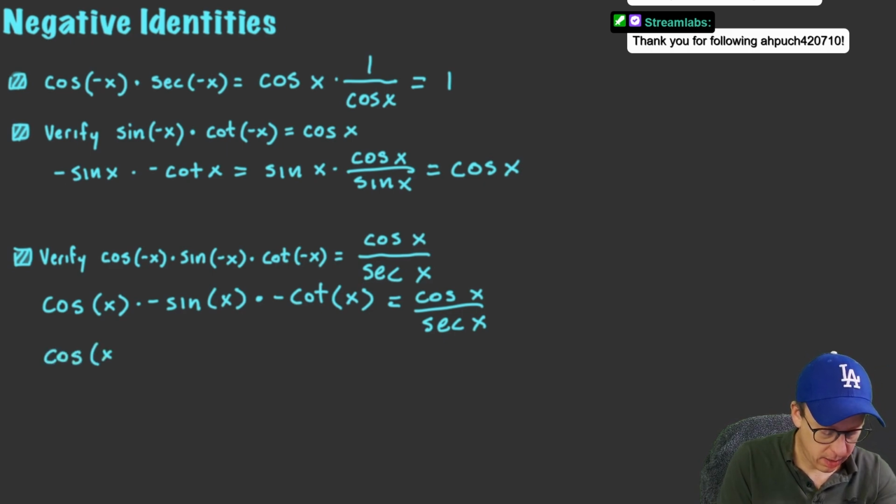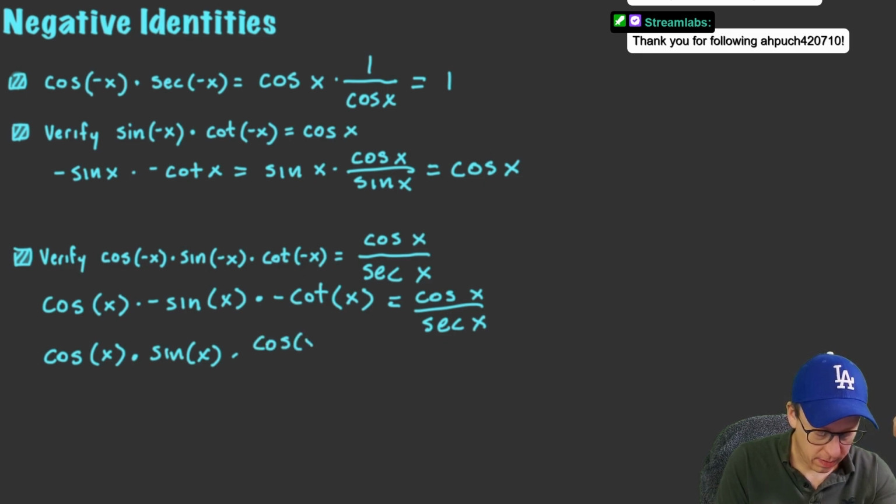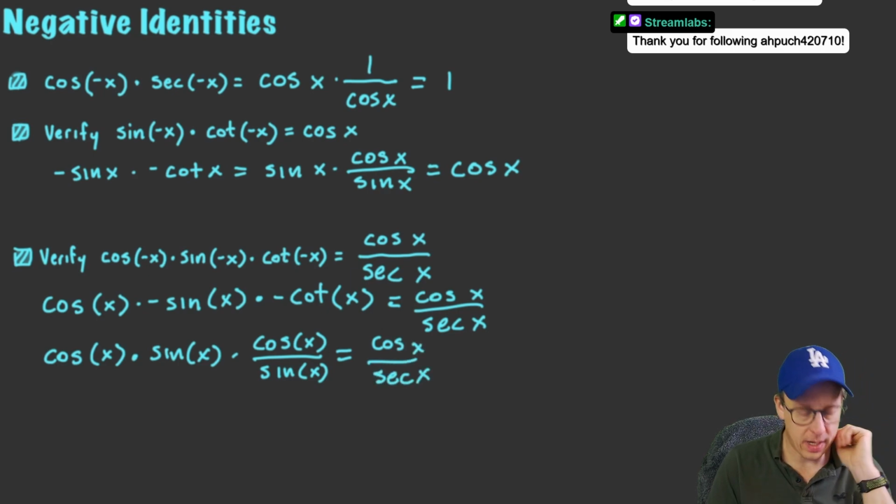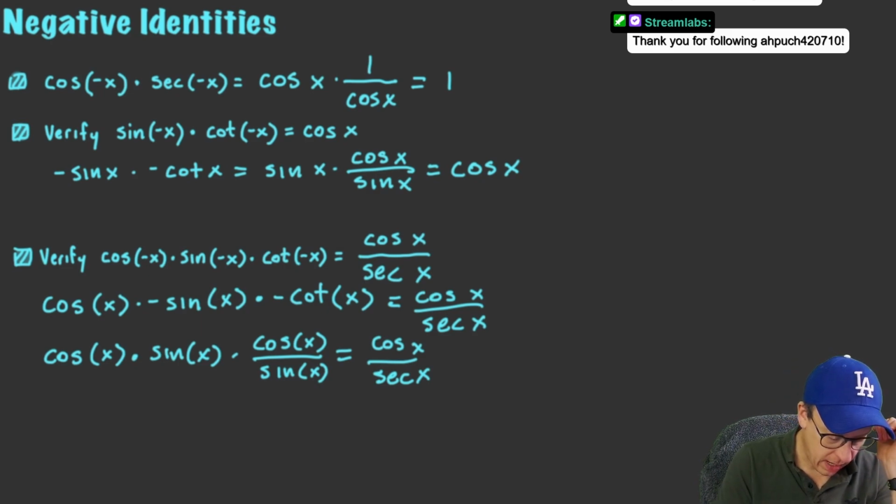So cosine of x, again using the equivalence, sine of x times the cosine of x over the sine of x, and equal to cosine x over the secant of x. Again, we can go and multiply these two cosines.